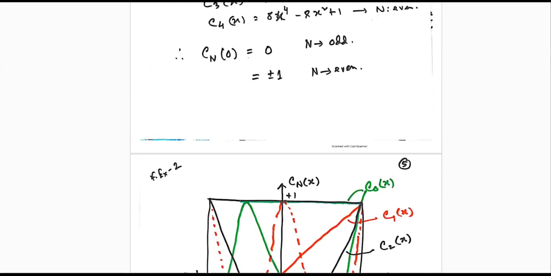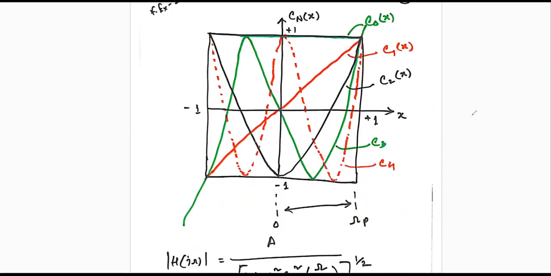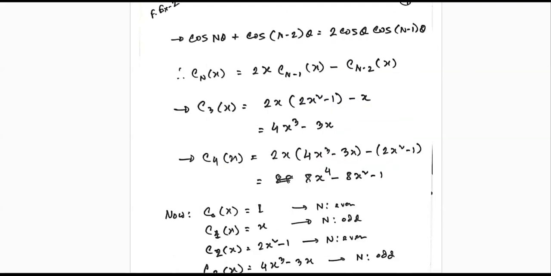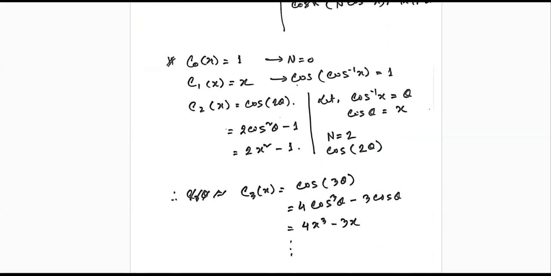Now we are just concentrating on Cn, the pattern of the Cn. Okay, so here let me take a different color like this. For C0, what was the value? For C0, this is x, constant, whatever the value of x.